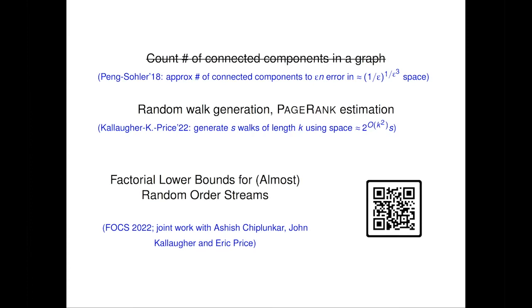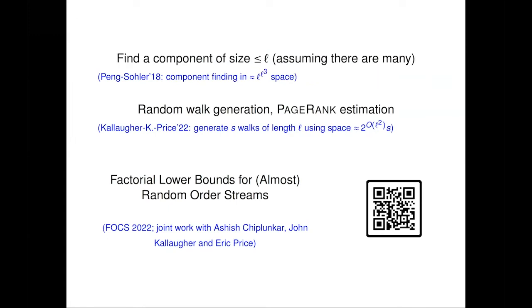To be a little bit more precise, I will not care about counting the number of connected components in a graph, but rather I'll be interested in the component finding problem. It's a related problem. In this problem, I'm given as input the edge set of a graph G permuted randomly, and I want to find a connected component of size at most L. L is some parameter given to me, assuming that there are many such components.